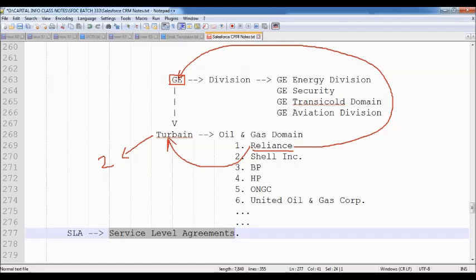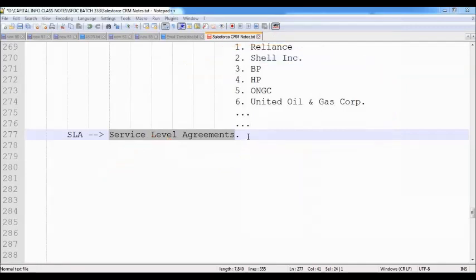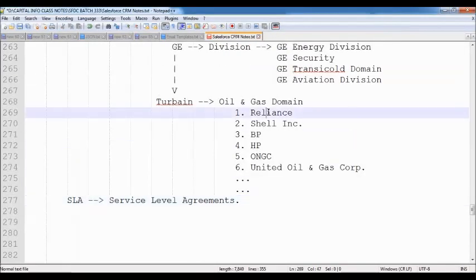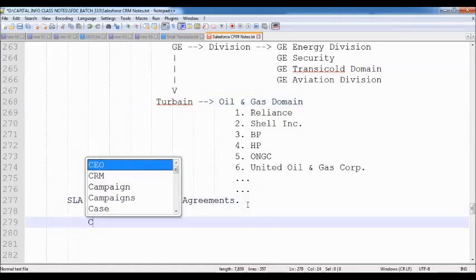In this service level agreement, they will clearly write that whenever I'm using this turbine product as a Reliance organization, if I'm facing any problem, I will raise a case.